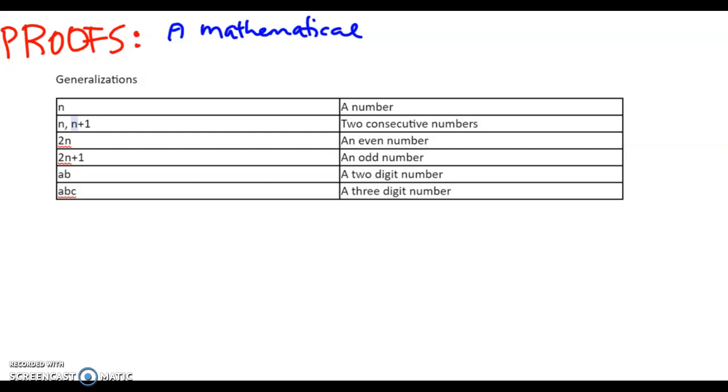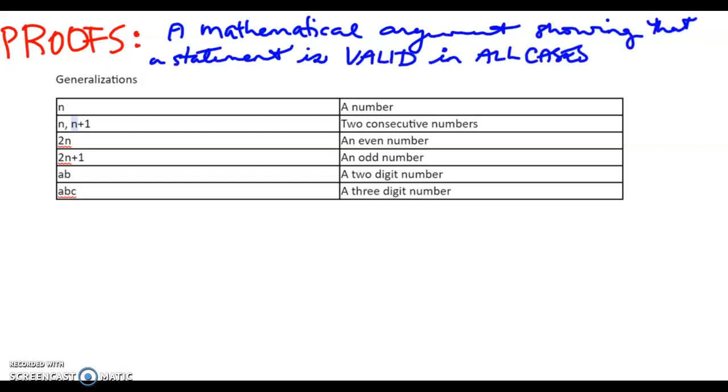So when I look up proof, it says a mathematical argument showing that a statement is valid, meaning true, in all cases, or that no counterexample exists. So these generalizations are true, and we're going to do a proof together in a little bit.